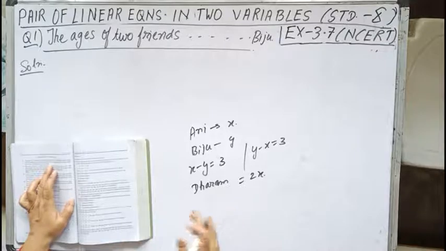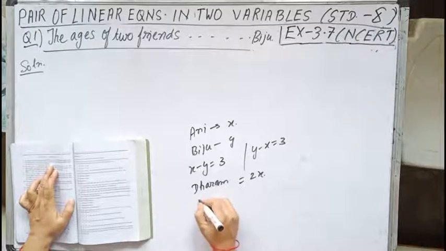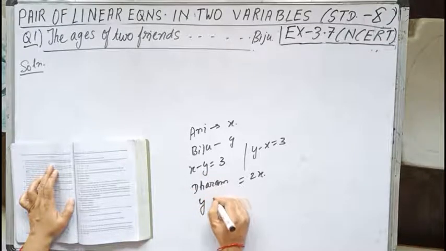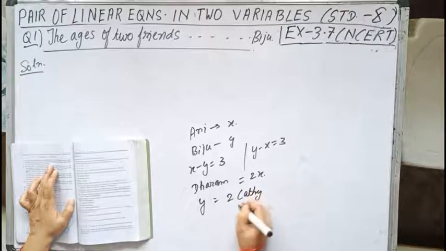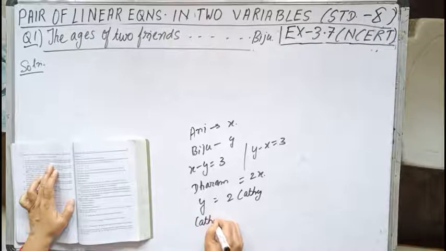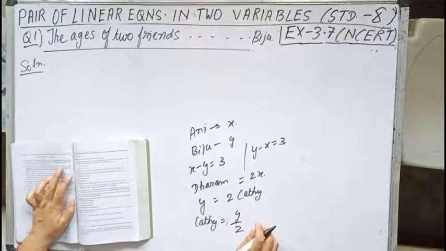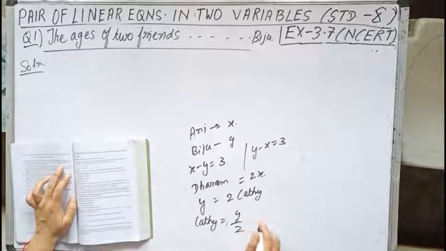And Biju is twice as old as her sister Kathy. So Biju is y, and Kathy equals y by 2 years. All are in years.